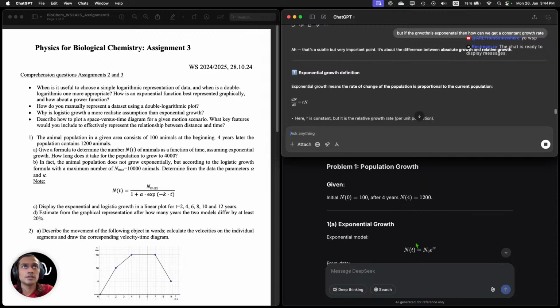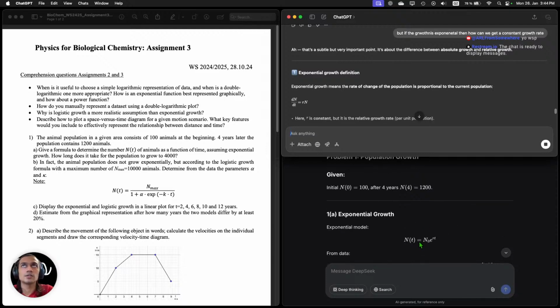So N(t) at t equals 4 is 1200, 100 e raised to rt. T is 4, so it's e raised to 4R equals 12.